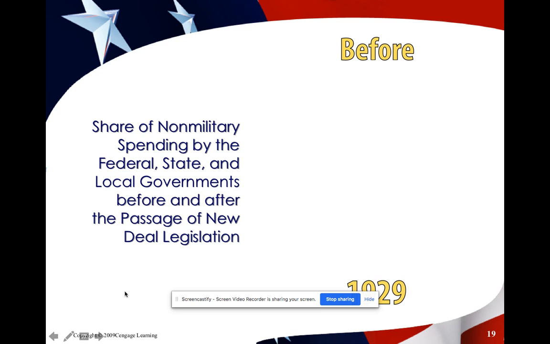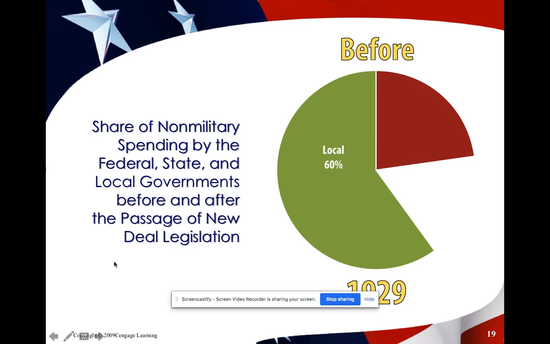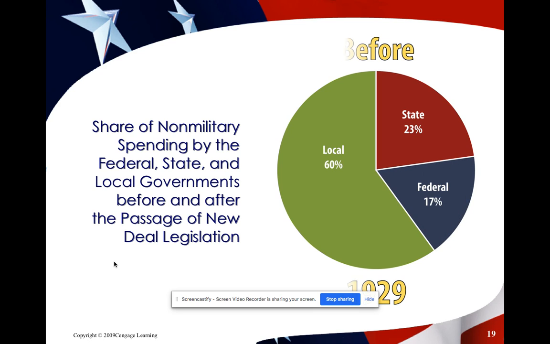So here's a chart that kind of shows you the share of non-military spending on the federal, state, and local governments before and after the New Deal. Okay. You see the local is 60%, state and federal. Okay, the federal has a small piece of the pie there.